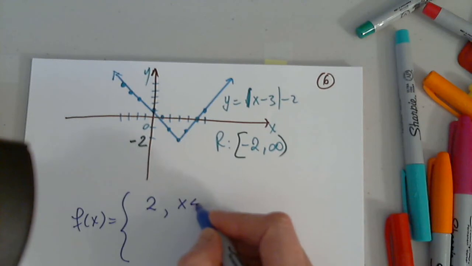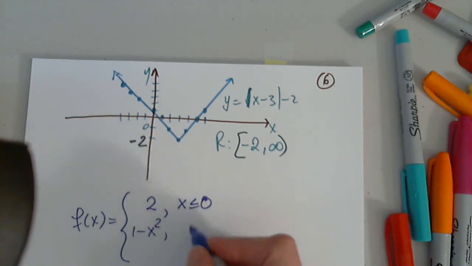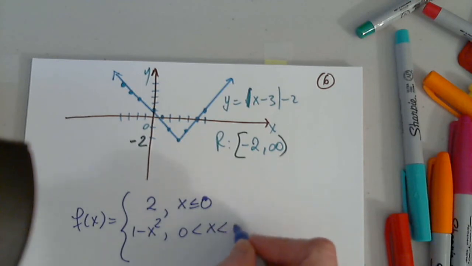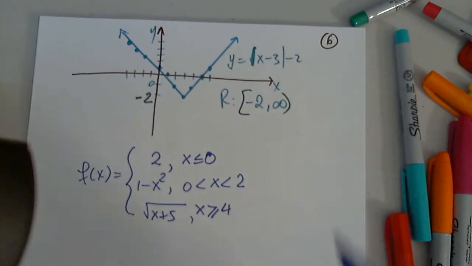2, if x is less than or equal to 0. 1 minus x squared, if x is between 0 and 2. And the square root of x plus 5 for x greater than or equal to 4. Anyone remember what this is called?